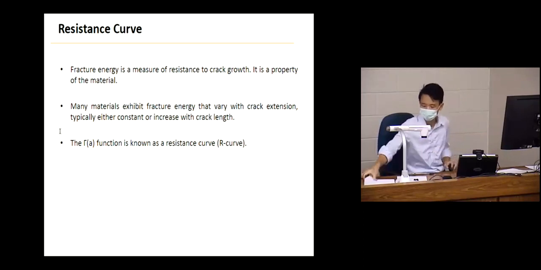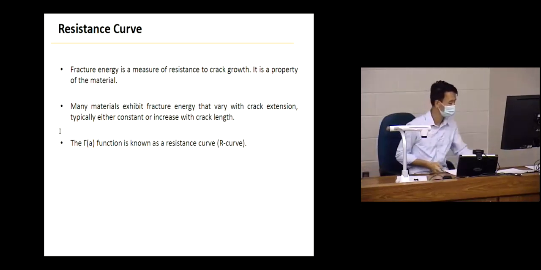This is a very commonly used term now. People sometimes say R curve behavior. Does your material show R curve behavior? That means, does your material have a fracture energy that increases with crack length? This is what we refer to as the resistance curve.